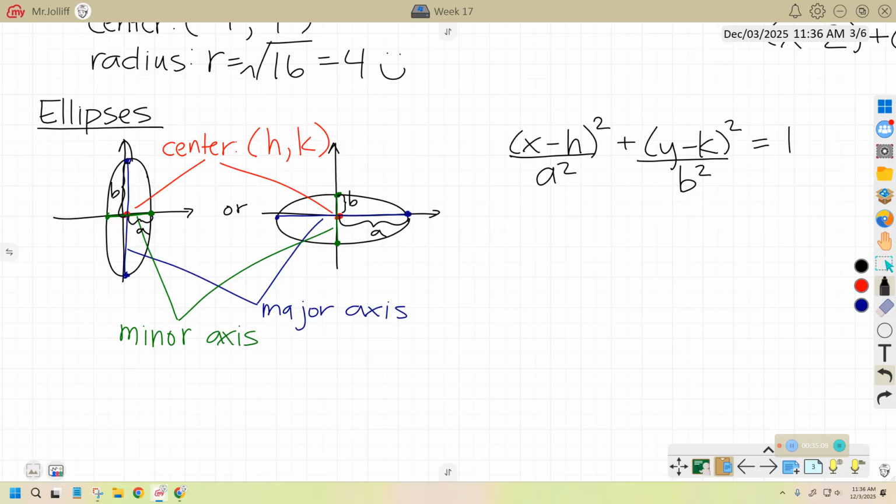And then the other question is, how do I tell, looking at that standard form equation, whether it's a tall ellipse or a long ellipse? And the answer is I look for where the bigger number is. Whichever one of those numbers is bigger, that's my major axis. That's the long axis.